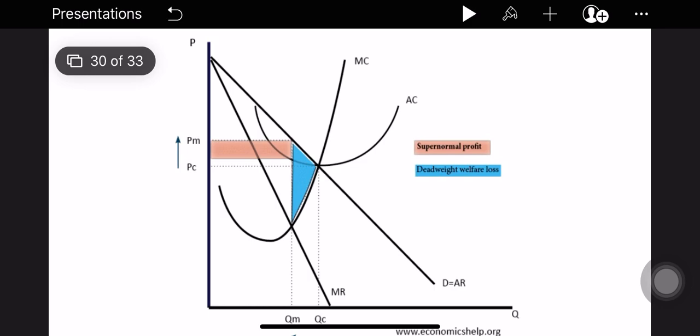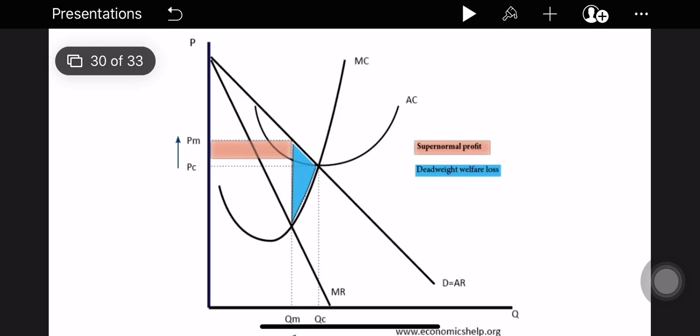If average variable cost is on top of the demand curve with the average total cost curve or AC, then the decision rule is to close down. But if the average variable cost is lower than the demand curve, even if ATC is above the demand curve, you can still produce. Okay?